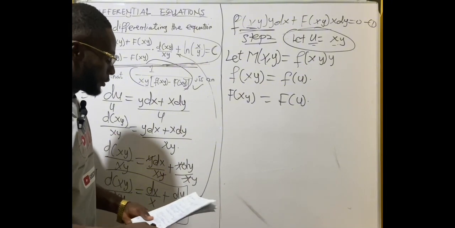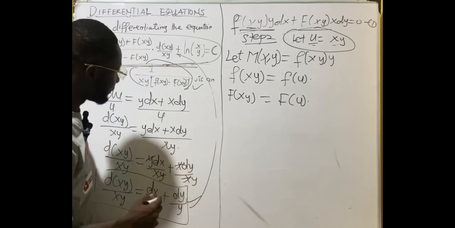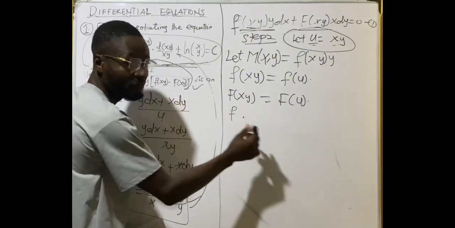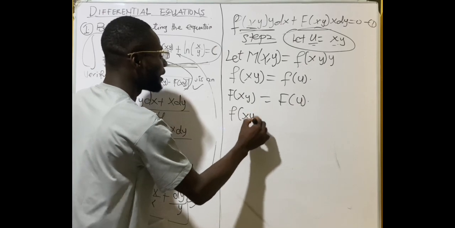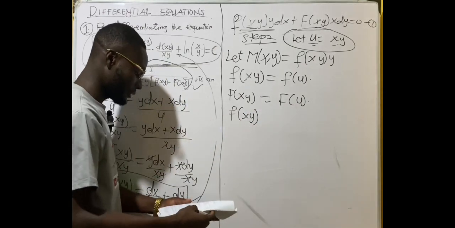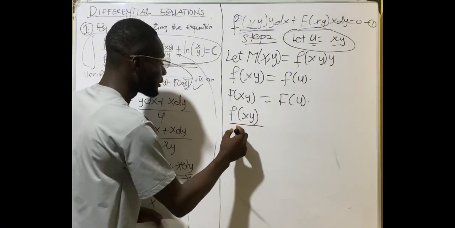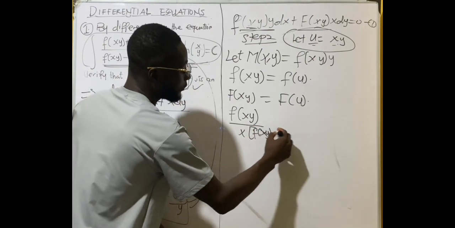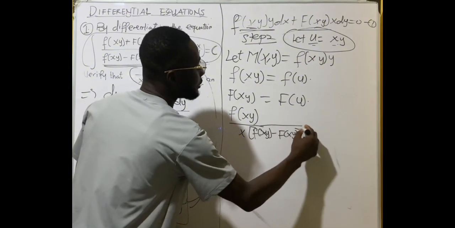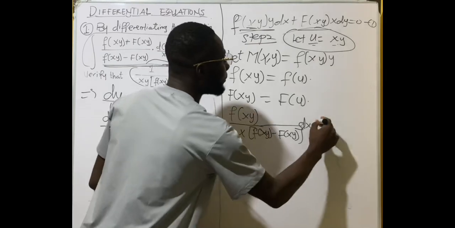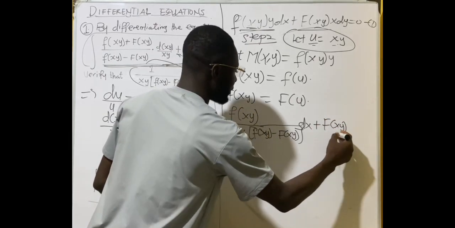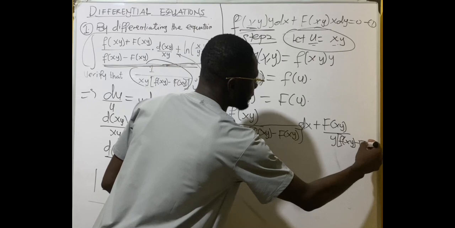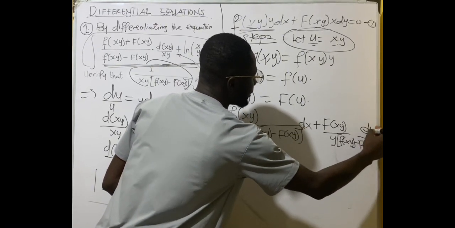We're going to have f of u, where we are having from equation 1, we're having f of xy divided by x of small f of xy minus big F of xy, multiplied by the dx, plus big F of xy divided by y multiplied by small f of xy minus big F of xy, multiplied by dy, right?